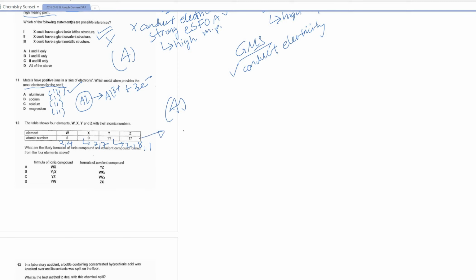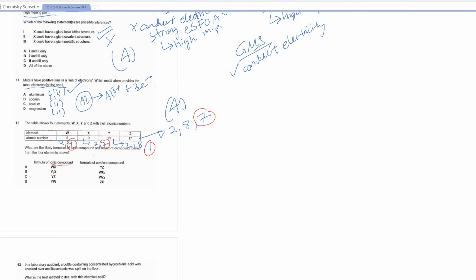For element Z, it has an atomic number of 17. So its electronic configuration is 2, 8, 7. By looking at the number of electrons in their valence shell, we have 4, 7, 1, 7. So we can conclude W is from group 4, X and Z are from group 7, Y is from group 1. Formula of ionic compound.